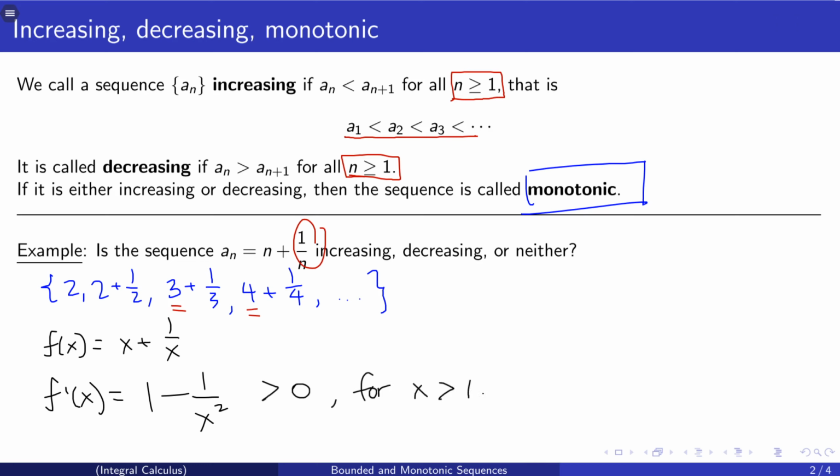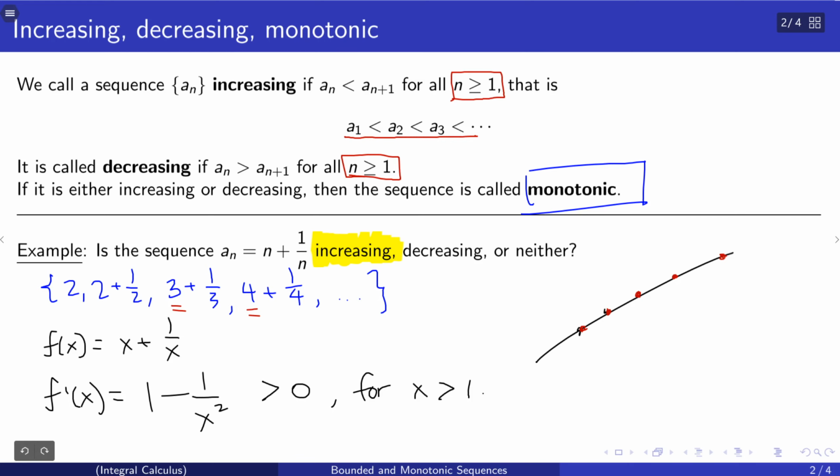In fact, when x is equal to 1, it's exactly 0. And then when x equals any number larger than 1, this is going to be strictly positive. So because you have a function and your sequence lives on that function, if your function is increasing throughout, then the sequence is also increasing. Okay, so in this case, the answer is it's an increasing sequence.